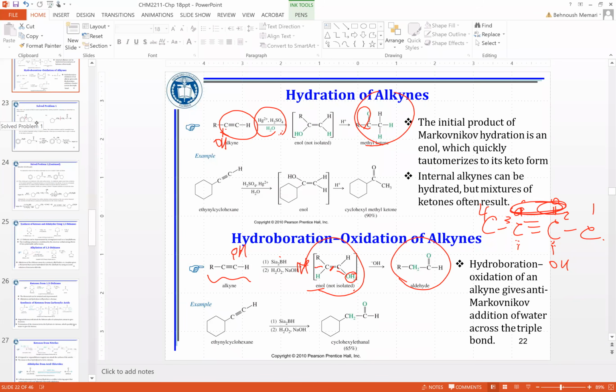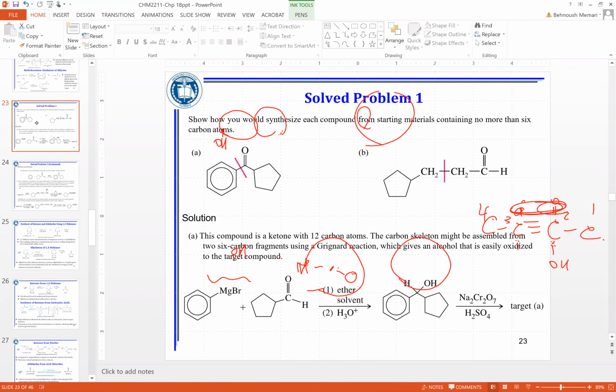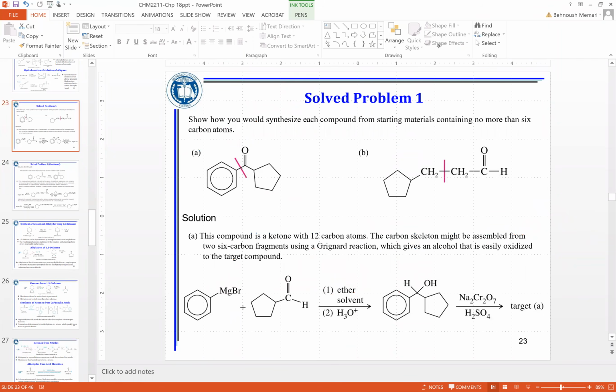Questions? How would you prepare this ketone?